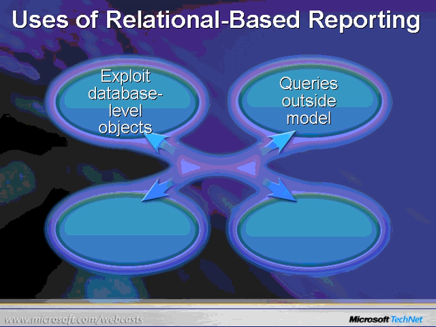If you want to use end-user queries that query the data outside the UDM, you'll also need to use the SQL Server OLTP database to allow this type of query. While Analysis Services can provide proactive caching to enable near real-time reporting of information, if you need up-to-the-second exact real-time information, it's best again to use the information directly from the database.